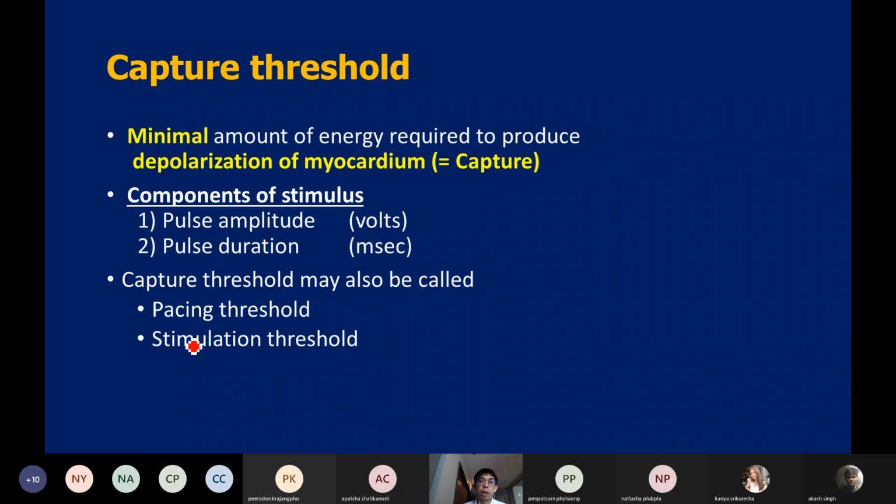The second term is capture threshold. The capture threshold is the lowest amount of energy required to produce a depolarization or to produce a contraction of the heart.